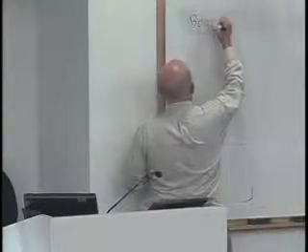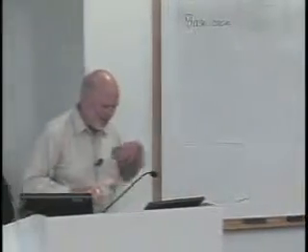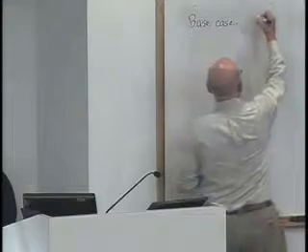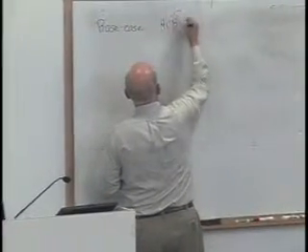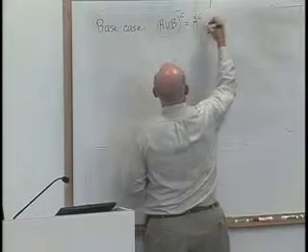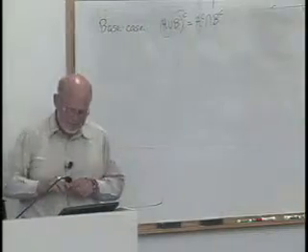To do an inductive proof, you need a base case and an inductive step, and the base case that I'm going to use here is one of the DeMorgan's laws, that A union B, when you complement it, gives you A complement intersect B complement.